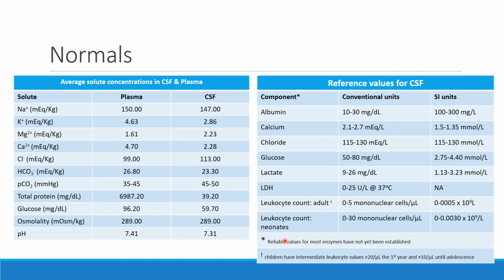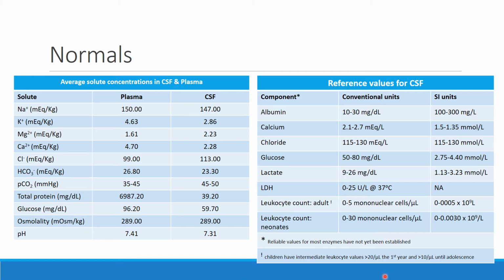We don't do these levels routinely. We do glucose levels, we do albumin levels, and we do, of course, cell count levels, but we don't do this on normal, healthy people. We do it on people who are sick. So these might represent some skewed data. But these are here for you to look at.